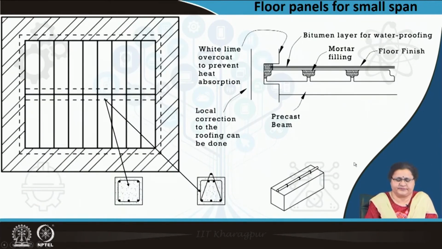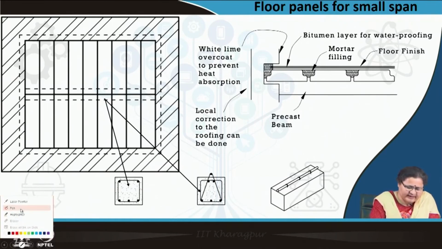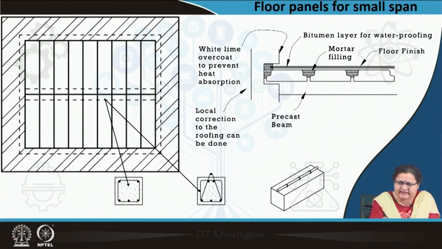So, let us see it here. If it is a small room of say 3 meters by 3 meters, internally from here to here, 3 meters cross 3 meters, then you can place 1, 2, 3, 4 units in this direction, 300 each and 1500 long, where this is the supporting beam.